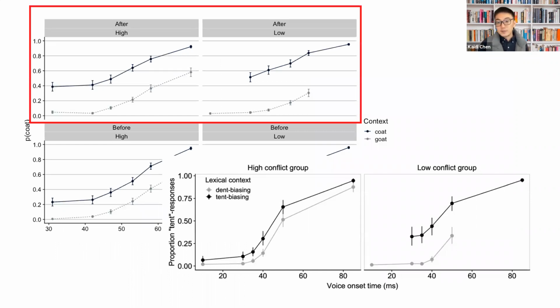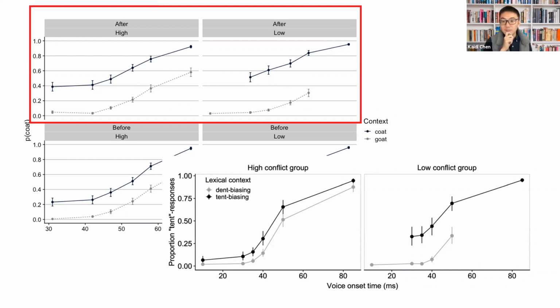As I just mentioned, the results of experiment 1 compared to Bouchon and Jaeger, we did replicate the conflict effect, but the magnitude is much smaller compared to theirs. And our participant, you can see here, their magnitude is much larger, but ours is smaller. And this is number 1.